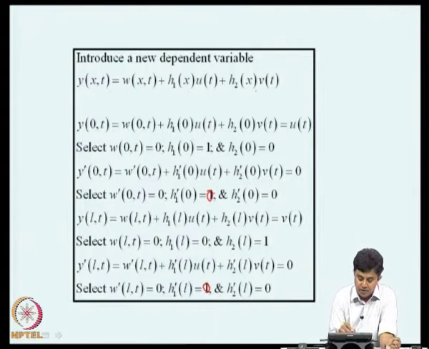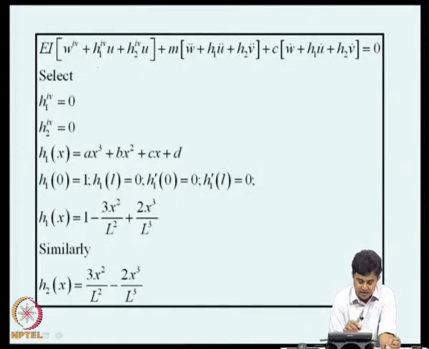Now, if we substitute this assumed form of the solution into the governing equation, I get E I w fourth derivative plus h1 fourth derivative u plus h2 fourth derivative v, and m w double dot and so on and so forth, equal to 0.